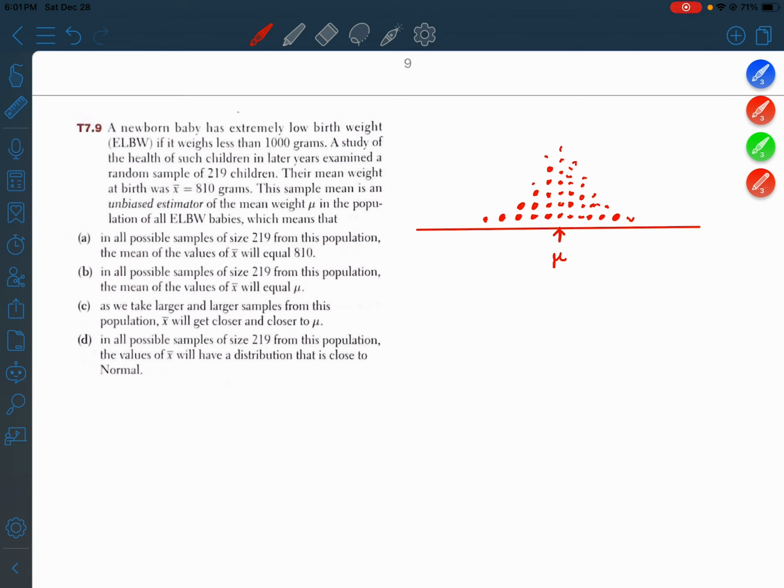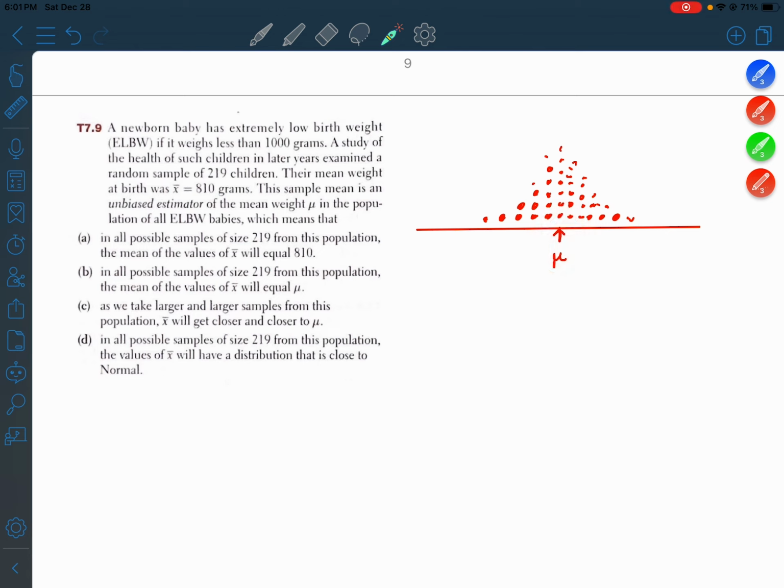But in theory, if we took an infinite number of samples, or not even an infinite number, if we took, say, a couple hundred samples or maybe 1,000 samples, and we had 1,000 dots here, those 1,000 dots would center around the true mean weight of all of these ELBW babies.